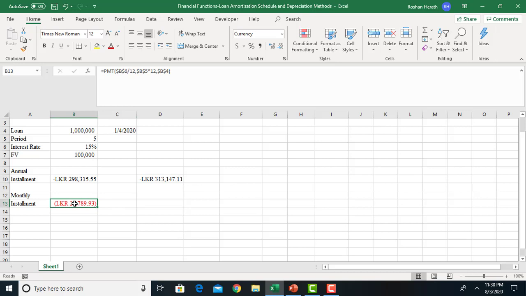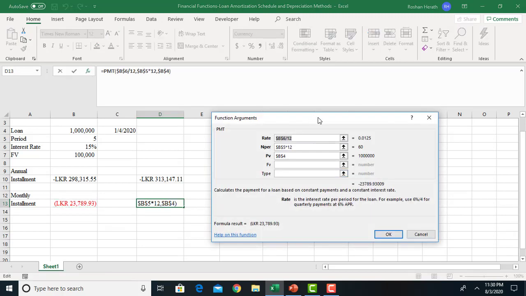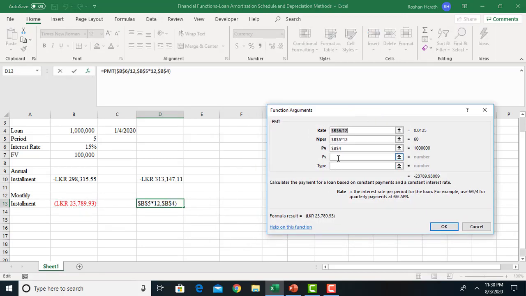Similarly, if you do this for the monthly installment, you can expect something similar to this. If you get the fair value, all the other information being exactly the same, the fair value is going to be 100,000.